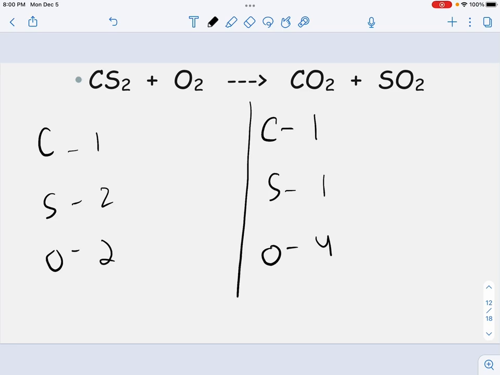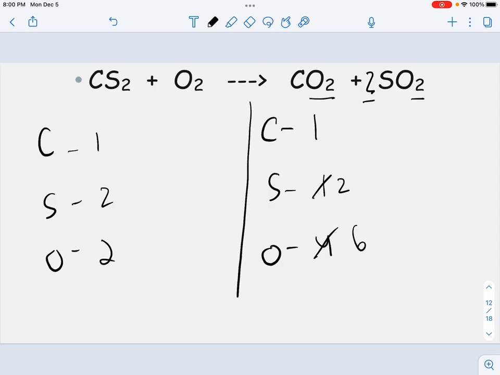So the first thing we're going to do is look at sulfur. Sulfur is not balanced, so we need to get to 2 on the right. So go ahead and put a 2 in front of SO2. And by doing that, we have 2 sulfurs, but now we have 6 oxygens, because 2 times 2 is 4, but you have to add the 2, so we have 6.